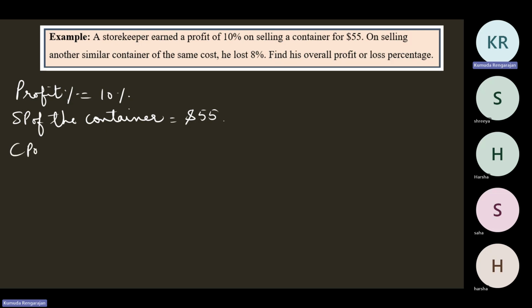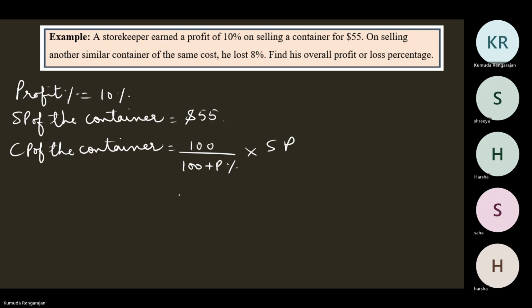So let's find CP of the container. That is not asked, but we will need it in the answer ahead. CP of the container is equal to 100 by 100 plus profit percent into SP. 100 by 100 plus 10 into 55.